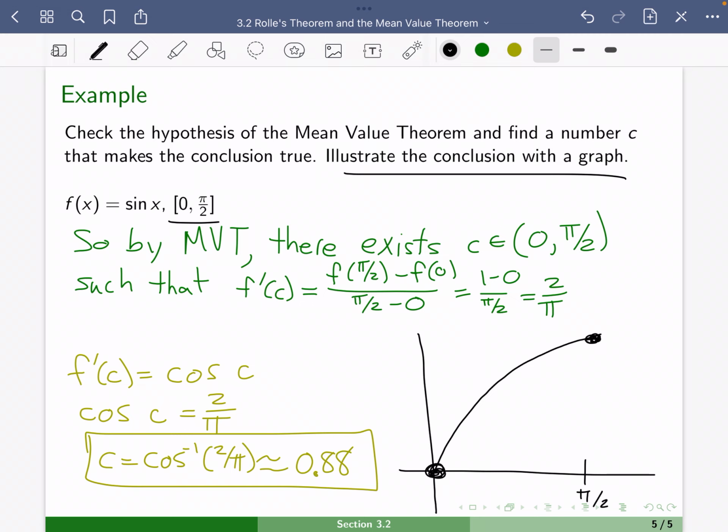At 0, we're at 0. So if we look at the line between there, we are guaranteed that somewhere right there, the slope at that point matches the slope between those two endpoints.